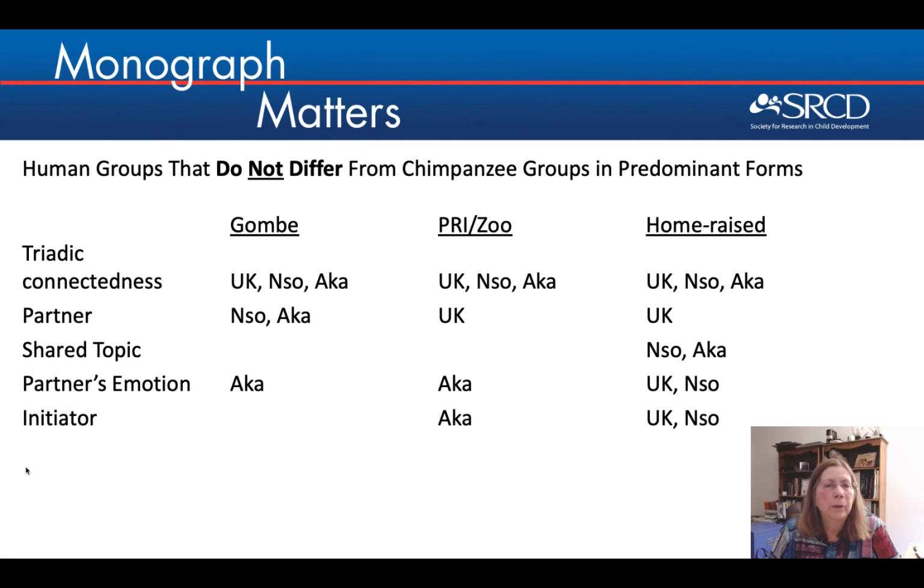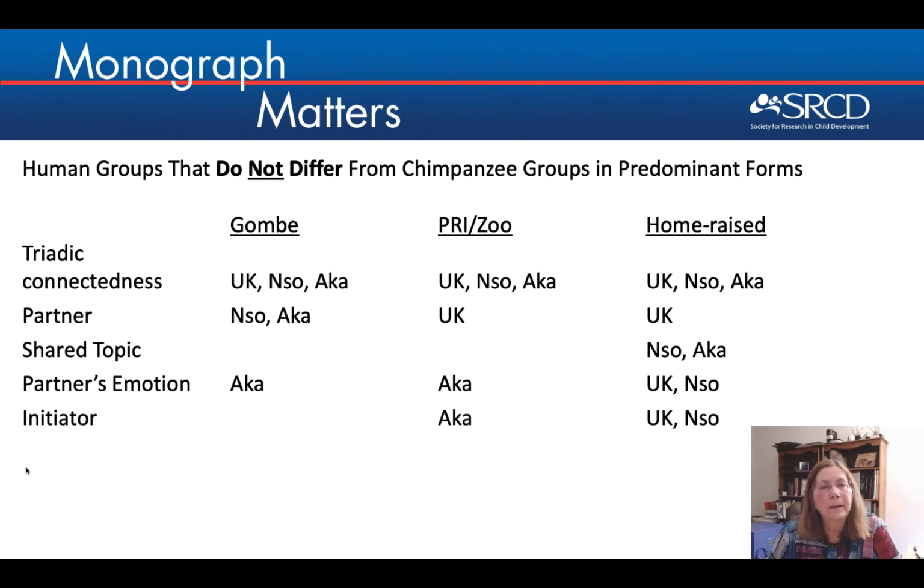The predominant partner, for instance, of the Nassau and the Aka human infants is the same as in Gombe, but the predominant partner for the UK is different. For the PRI and zoo chimpanzees, the predominant partner is the same as the UK sample, and also for the 2 chimpanzee infants that were home raised.